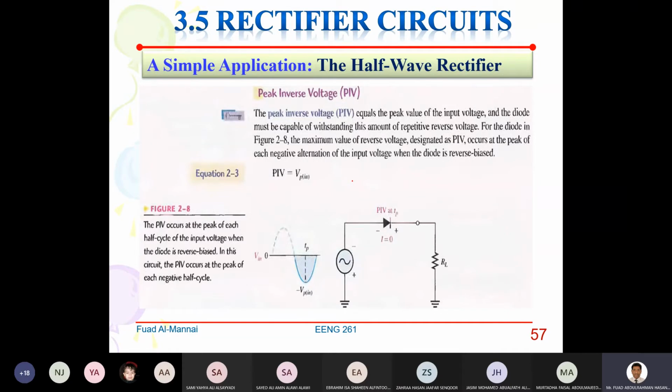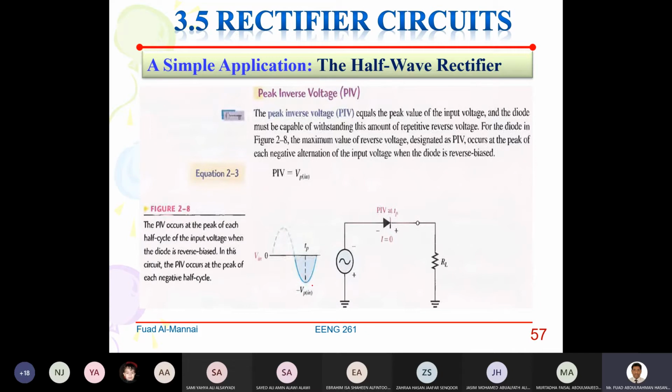For the diode in this figure, the maximum value of reverse voltage, designated as PIV, occurs at the peak of each negative alternation of input voltage when the diode is reverse biased. So the PIV for this circuit is equal to minus VP, or V peak.